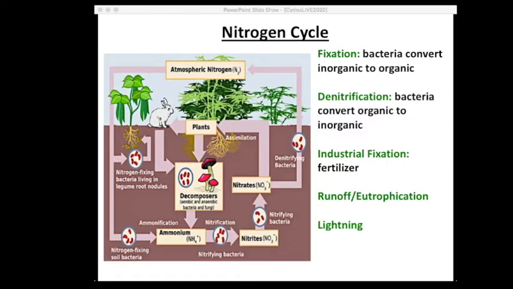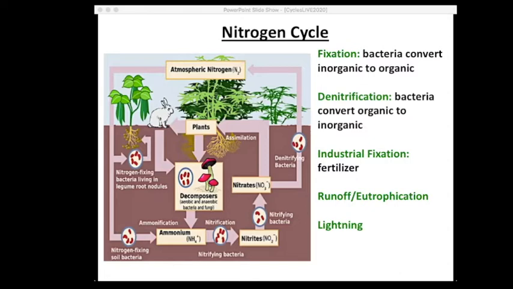So the final step is bacteria, again, more bacteria, which turn the nitrites into nitrates. If I ask you on a quiz, what is the usable form of organic nitrogen? The correct answer is nitrates. That's what plant roots need. Nitrates, NO3.